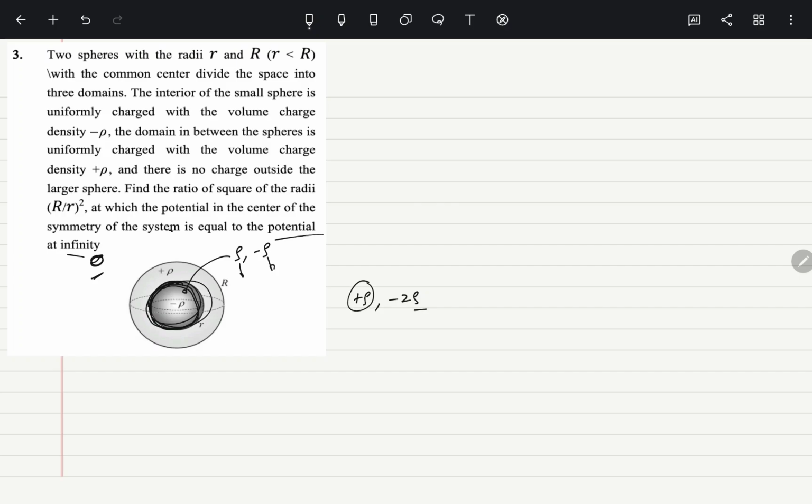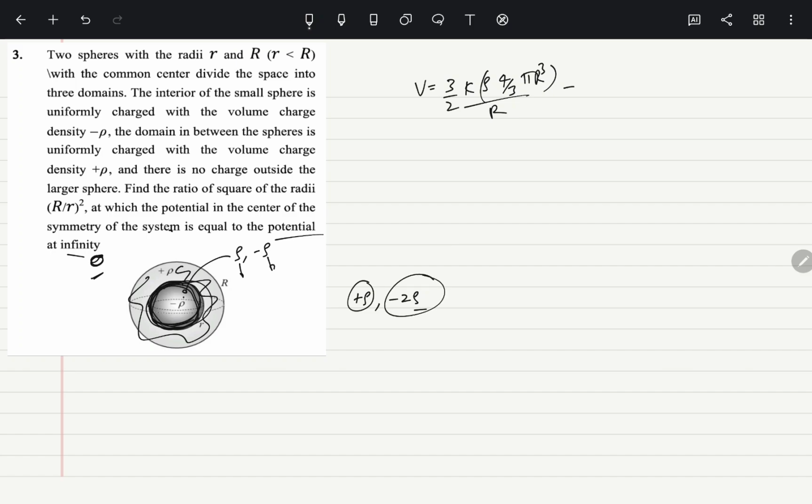Now this plus rho and this plus rho make a whole sphere with the rho density only. Because of this whole sphere, the potential at the center, the formula is 3 by 2 kq by r. So 3 by 2 k, q will be rho into 4 by 3 pi R cube, by R. Now this inner sphere which has density minus 2 rho.